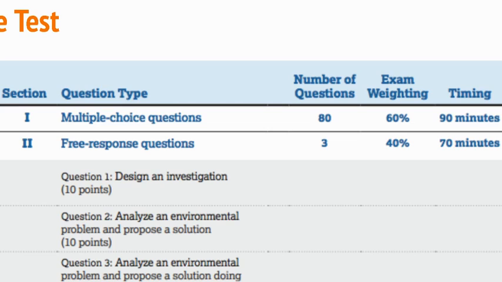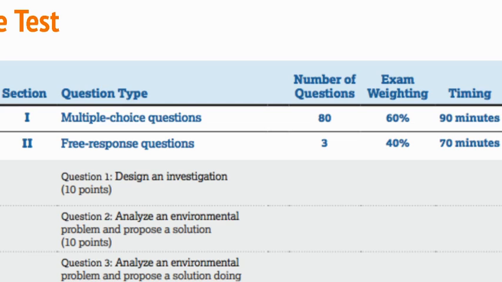Now, what I didn't go over on day one are the types of FRQs that you're going to be seeing on the test. And so those are those that you see here. So question number one, this is going to be some sort of design and investigation involving some sort of experiment.